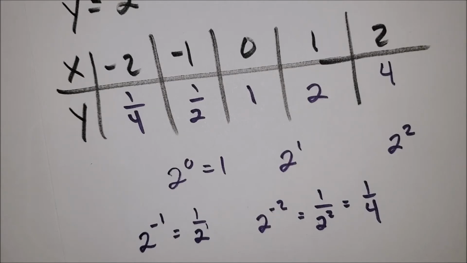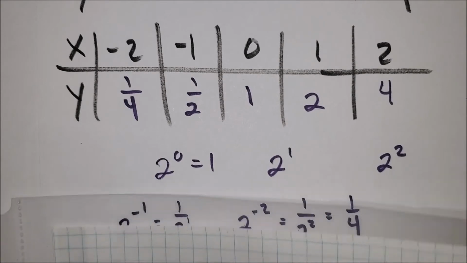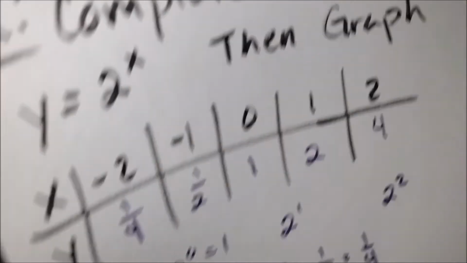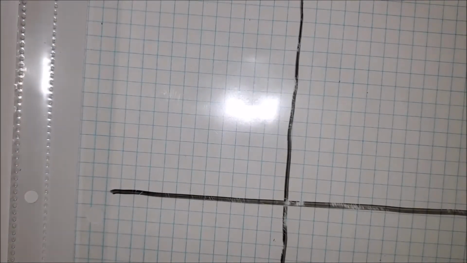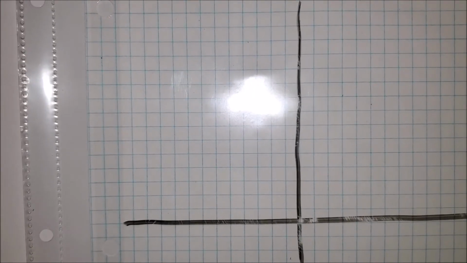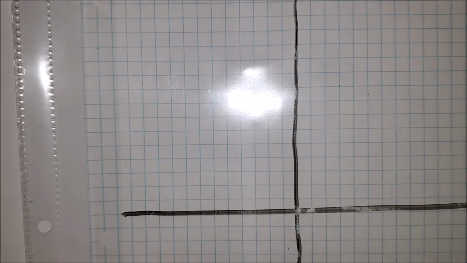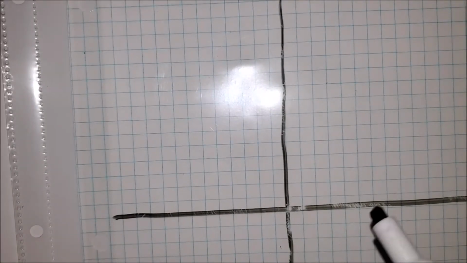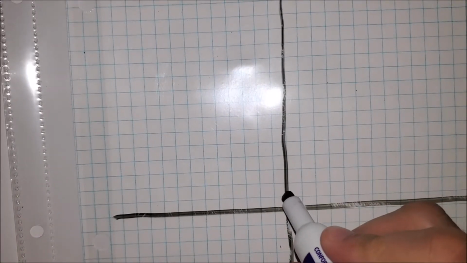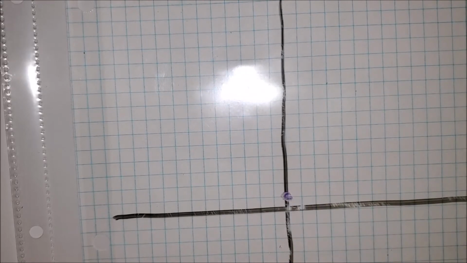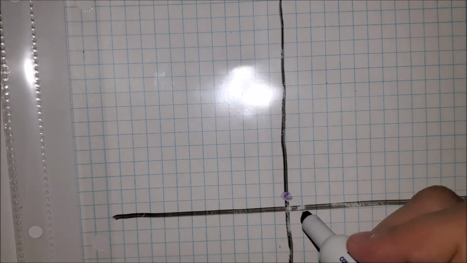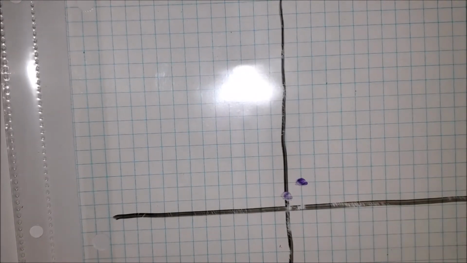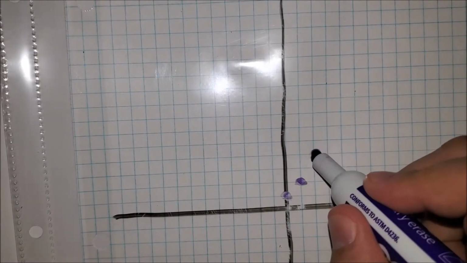The other part of this says to graph. I've got a little bit of a graph here, just waiting for us to start it. We have the point (0, 1), so we're going to start there with our starting point. And then we have the point (1, 2), and then the point (2, 4).